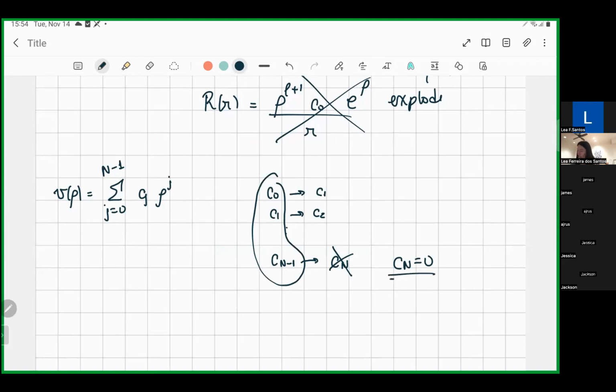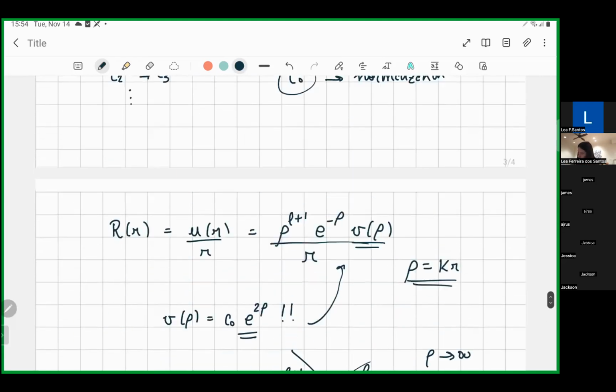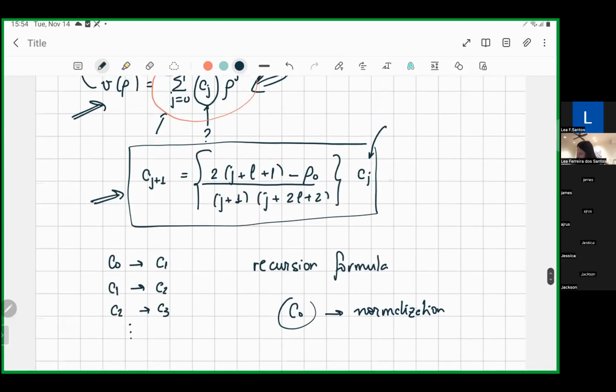So to guarantee that beyond Cn minus 1 nothing exists, I come back to our recursion formula. We are saying that j equals n minus 1 exists. Now the next one, which will be n, will not exist anymore. So Cn will have to be 0.